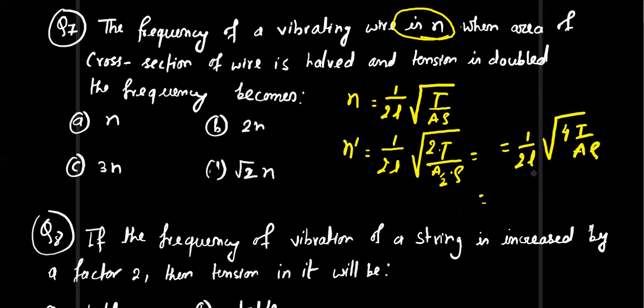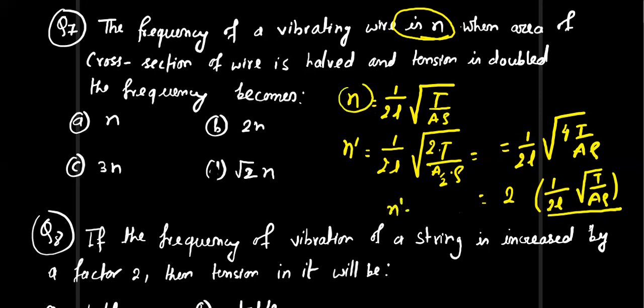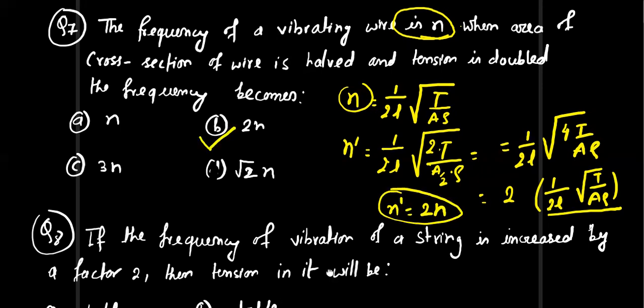If I take 2 as common, I write the remaining expression as 1 by 2L, root over T by A rho, and this is the expression of n. So n dash equals twice of n. So option B is the correct option.